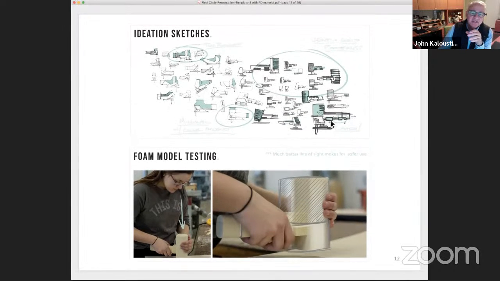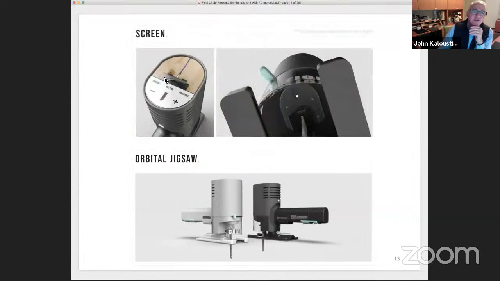And within this, he was looking at how you could make the tool easier to see for somebody who is wearing glasses and trying to work on a tool. So he put a small camera in where it would actually show you the cut. And from that, he developed the whole concept and rendered it.